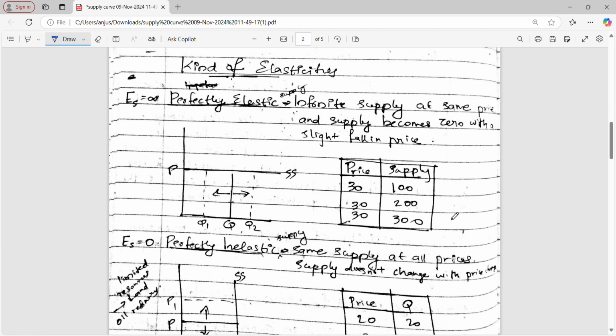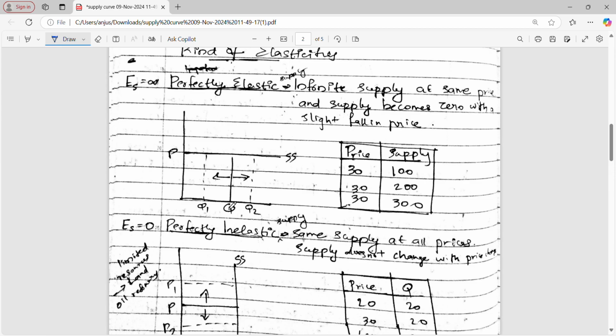So we see here that whatever the price may be, supply is not dependent on price. But when the supply is 0, there will definitely be a fall in price. Other than that, if it is not becoming zero, whether supply is highly or less, the price will be the same.